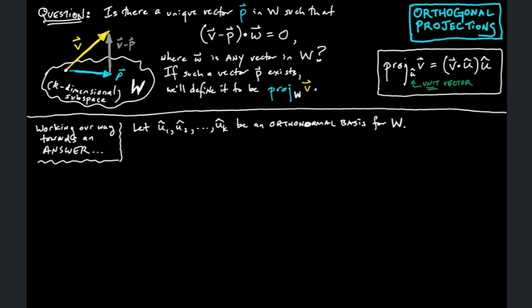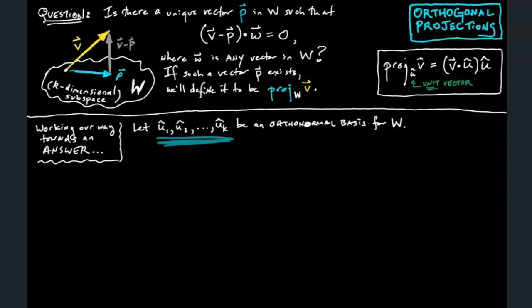And not only mutually perpendicular, but unit length as well. That's the normal part of orthonormal. Orthonormal bases are especially nice to work with when we're thinking about dot products, because as we discussed back in chapter 6, the familiar formula for a dot product, where we multiply corresponding components and then add up the results, still works if our coordinates are given according to an orthonormal basis.